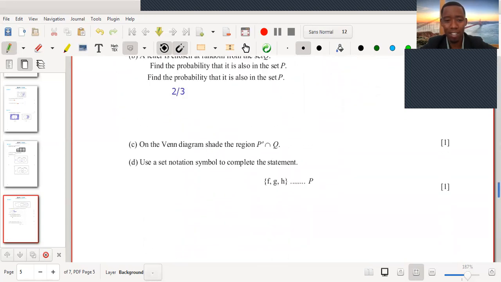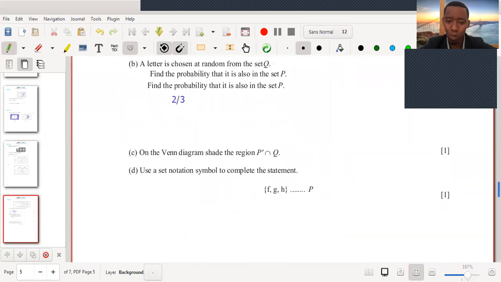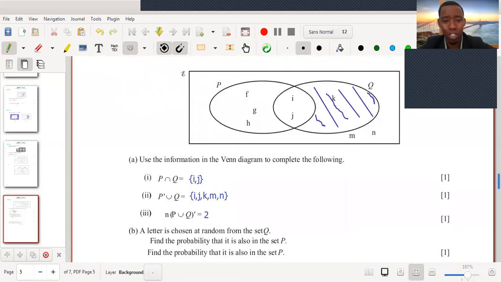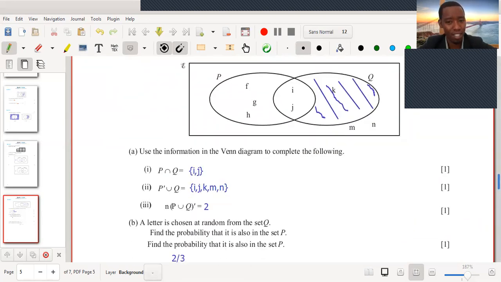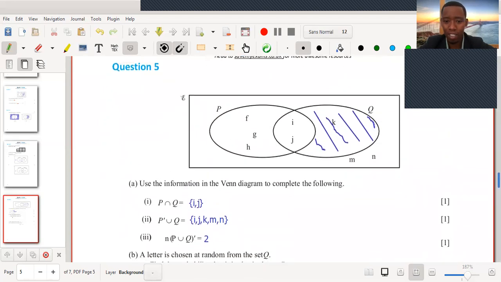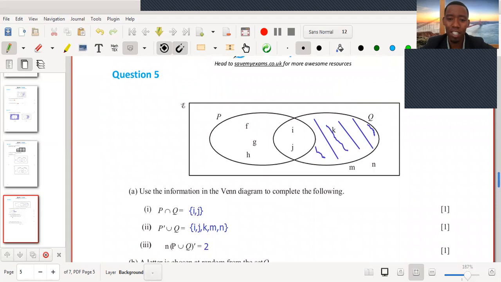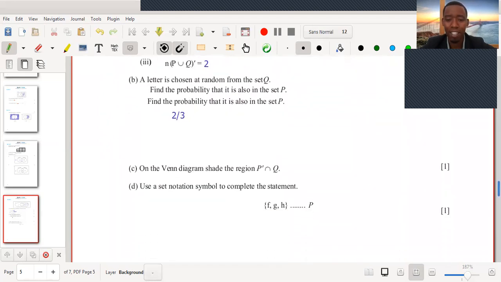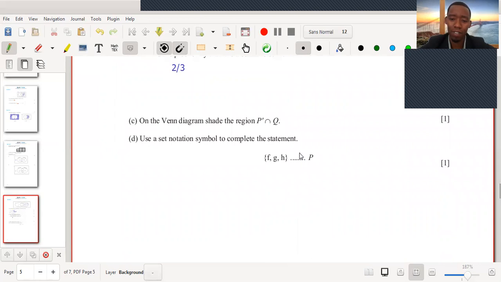So next question says, use the set notation symbols to complete the statement. FGH is a subset of P. For subset, you can put the letter C. We'll explain a subset.